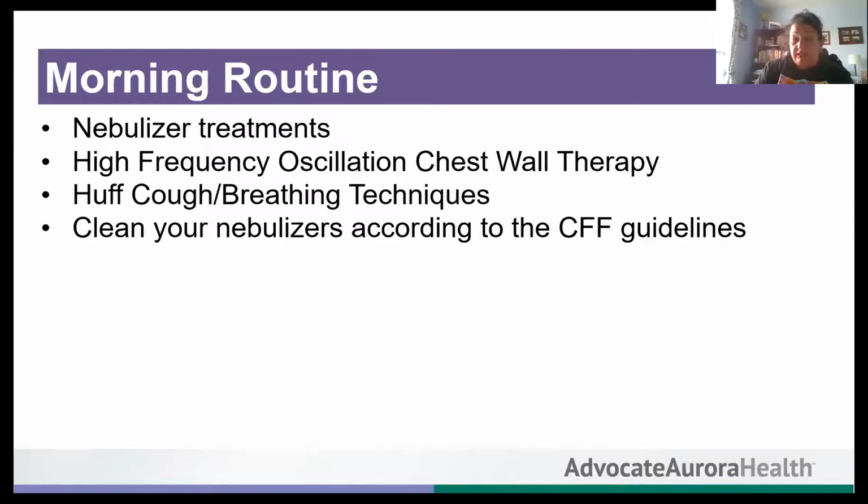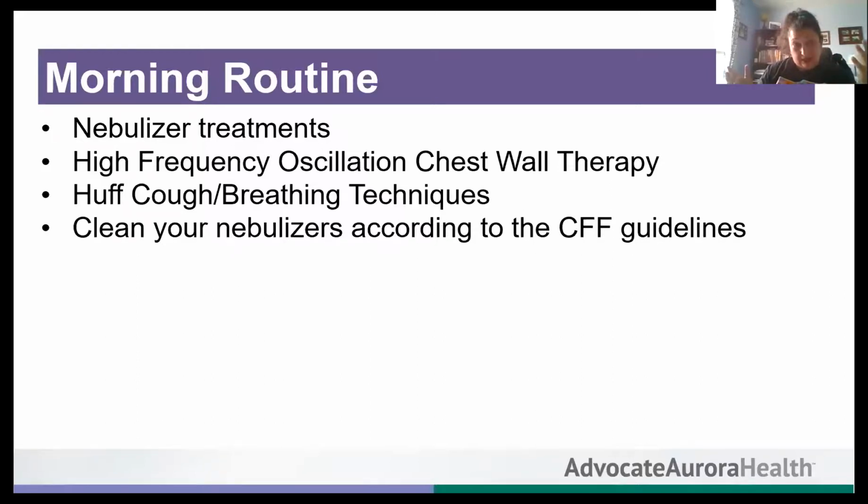And our morning routine is definitely going to include our bronchodilator if it applies, taking our mucolytics, which would be your Pulmozyme or inhaled hypertonic saline. These medications can be done at the same time as your airway clearance using your high frequency chest wall oscillatory device, also known as your vest device.